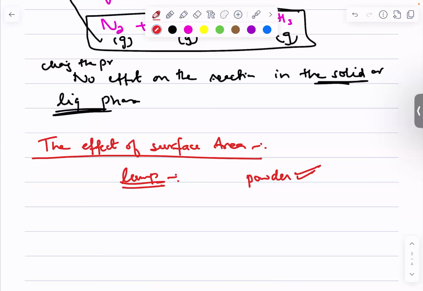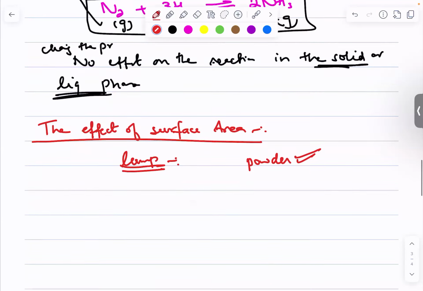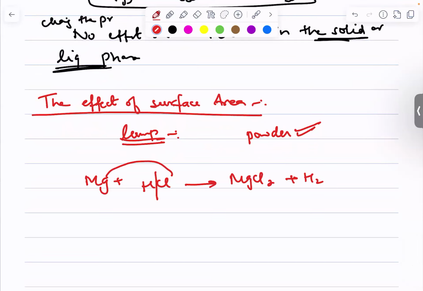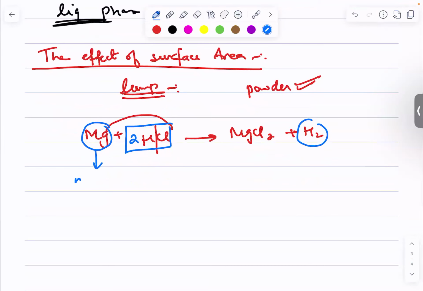So that means, let's suppose you have magnesium reacting with HCl. Now it is going to form MgCl2 plus H2. Now this is the balanced equation, right? So you are producing hydrogen gas and you are using magnesium and hydrochloric acid. Now, magnesium is a metal in the form of strips.